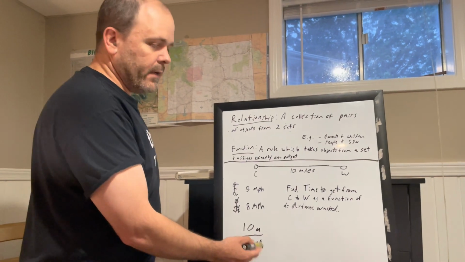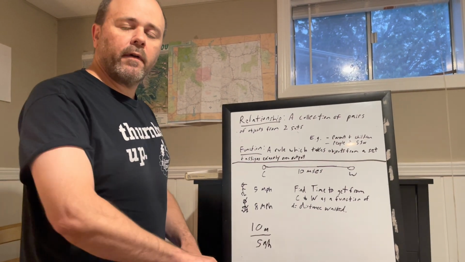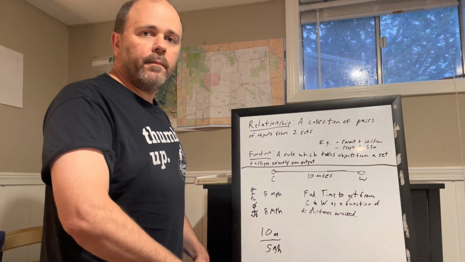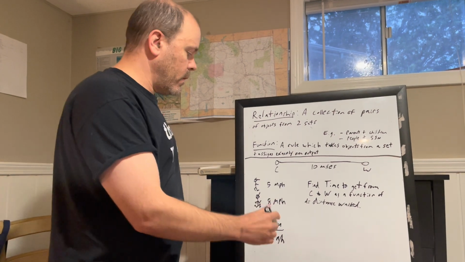Well, 5 miles per hour just means it takes an hour to go 5 miles. So if you want to go 10 miles, it's going to take 2 hours.